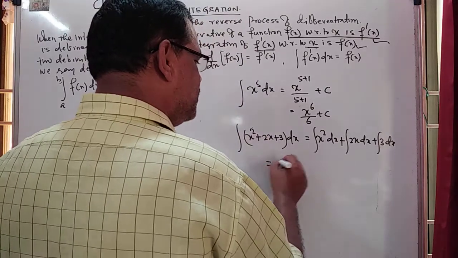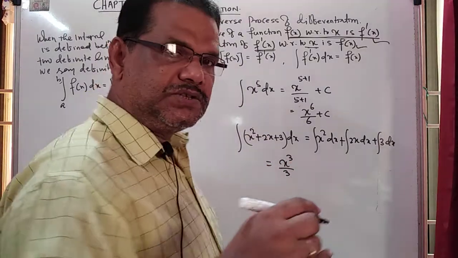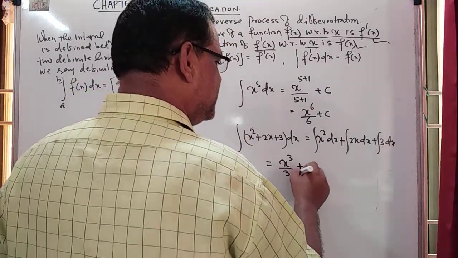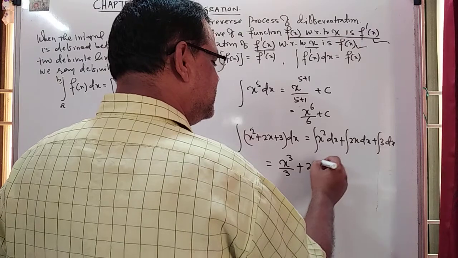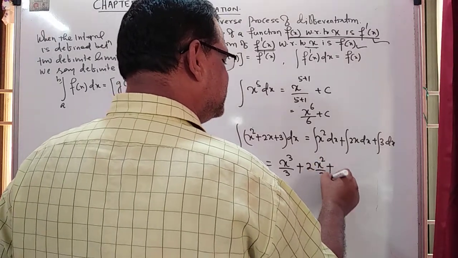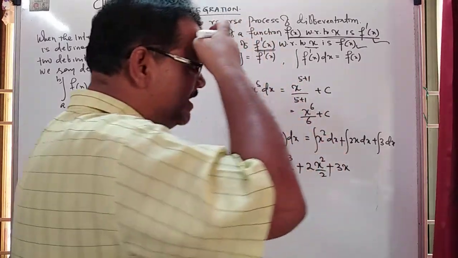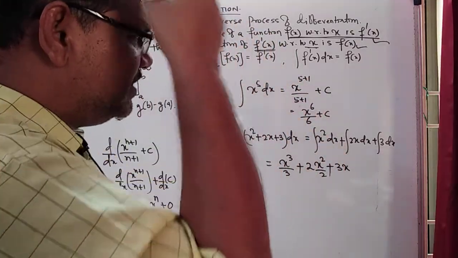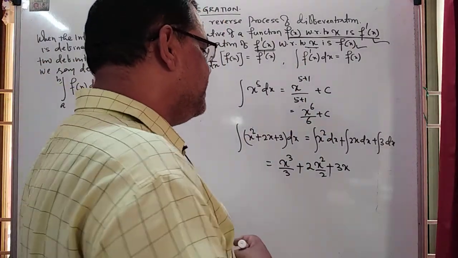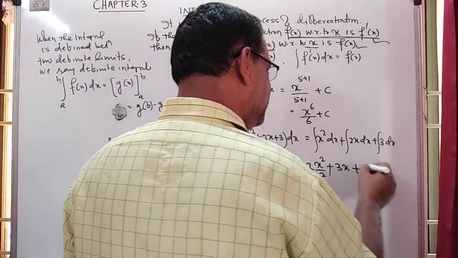So this will be equal to x to the power 3 by 3, because n plus 1 by n plus 1, plus 2 is taken out, x to the power 2 by 2, plus 3 is taken out, so only the integration of dx, which equals 3x, and finally you get a constant c.